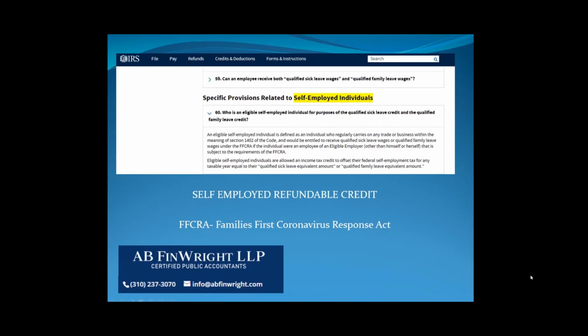This year, the April 15th one was delayed to July 15th. So what you can do is lower the estimate that you are going to pay the IRS to take advantage of this refundable credit. And that's the key to taking advantage of this credit.